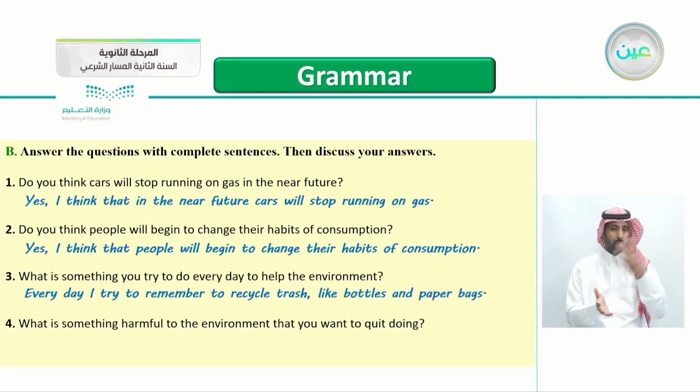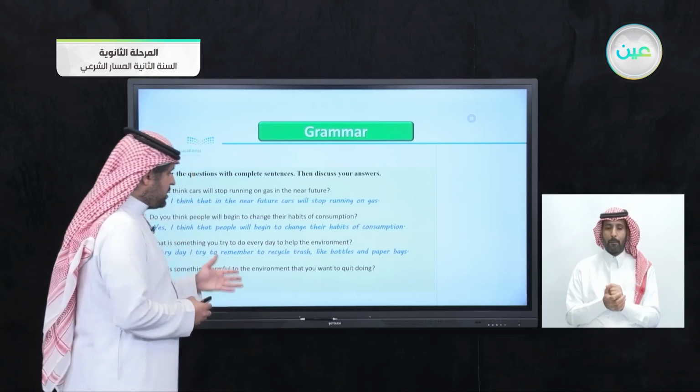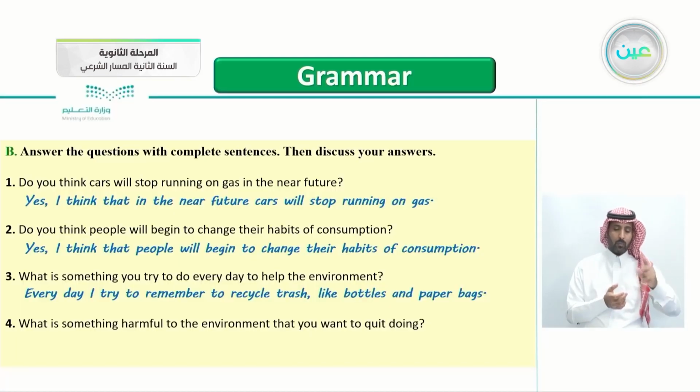Number 4, what is something harmful to the environment that you want to quit doing? Something that is harmful to the environment that you want to quit. So want to quit doing. Also quit doing here. This is a gerund here. We want to quit doing. So what is something that is harmful to the environment that you want to quit doing?